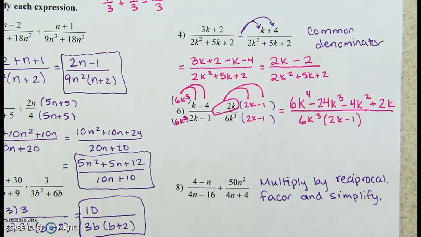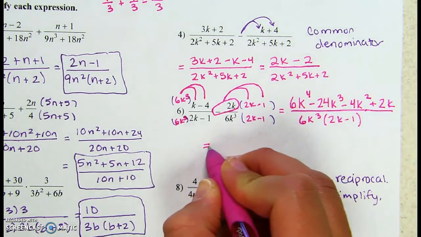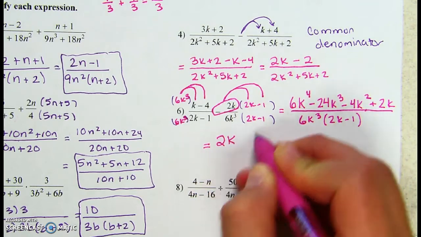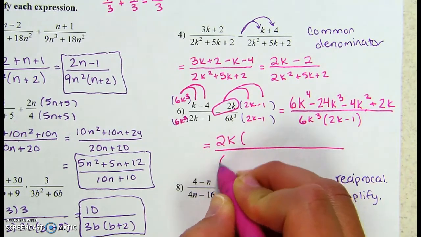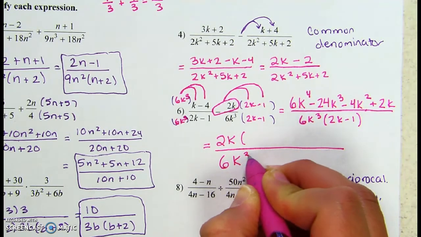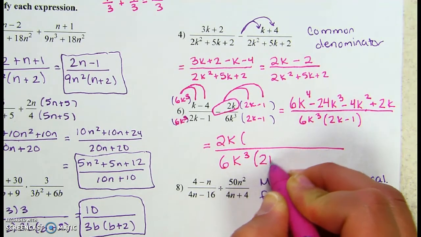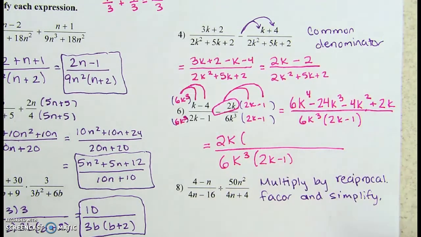It's been a while since we've done that, but what's in all four terms? 2k. So we're going to factor this 2k out in front. The reason we do that is because it's going to divide out with the 6k cubed in the denominator. I made my fraction line too long.